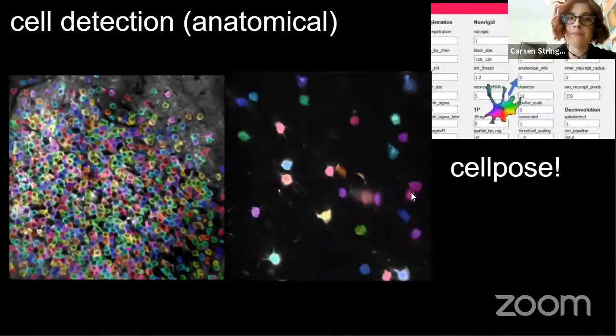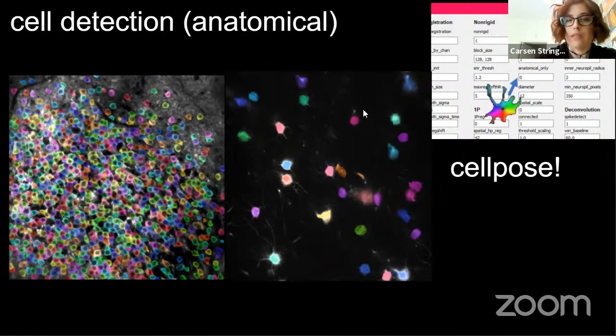Here I'm showing that in the options menu in Suite2P, you can turn on this anatomical only detection. Some examples where it might look nice are, for instance, hippocampal recordings, where you might get nice segmentation with Cellpose that might, in some cases, rival the functional segmentation.